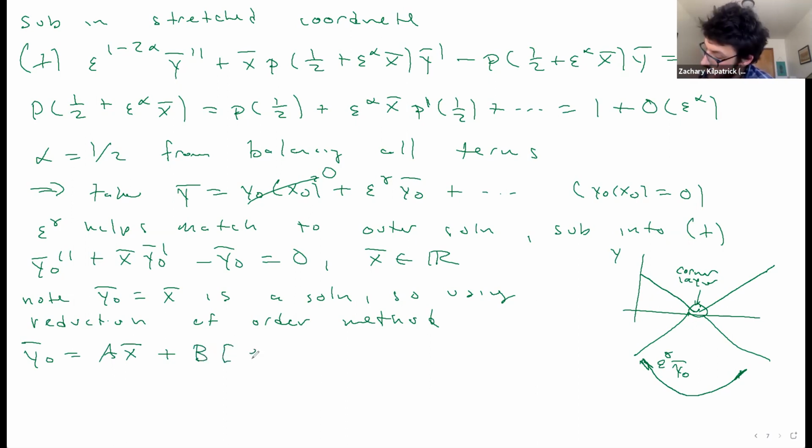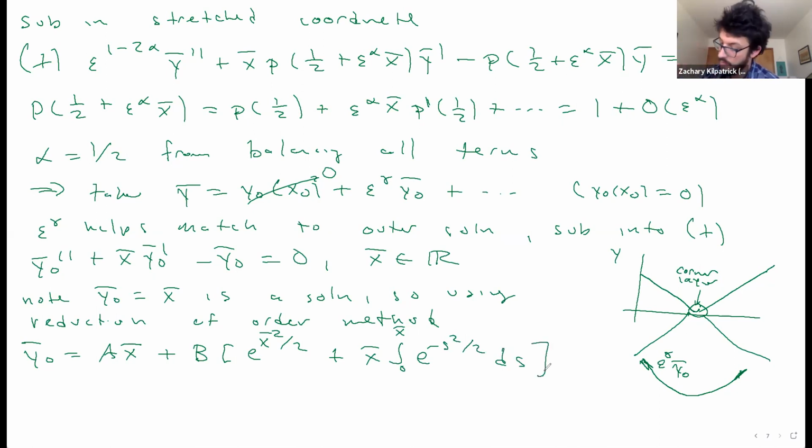The other terms in the solution are then going to be given by b times e to the x bar squared over 2 plus x bar integral from 0 to x bar of e to the minus s squared over 2 ds.